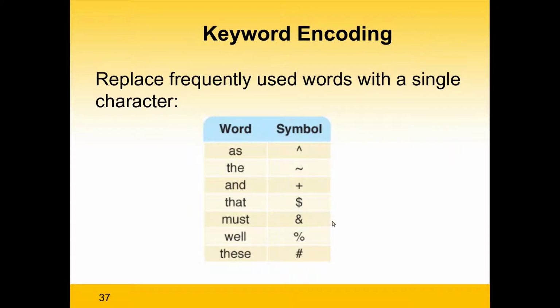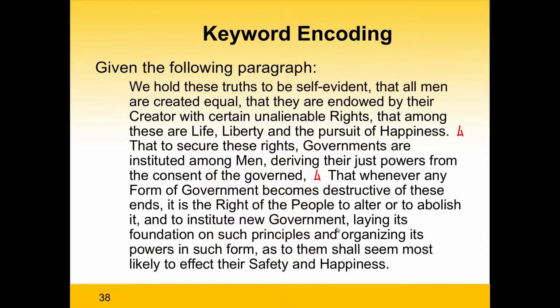We'll be saving 2 characters every time that word appears in the document. And for instance, the word "these" could be replaced with the pound symbol, so we will be saving 4 characters.